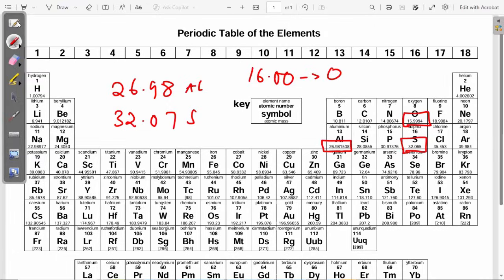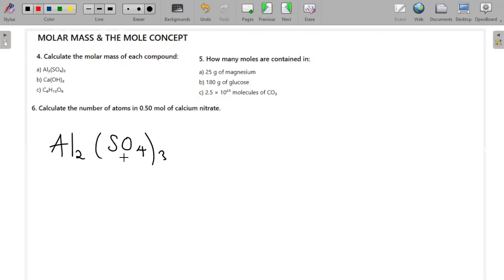So these are the ones that we're going to use for the first compound that we had there. I'll still use the same method that you were using at grade 12, or maybe I'll use another one. So here we have two of this aluminium, right? Aluminium is 26.98. And then I'll say plus.